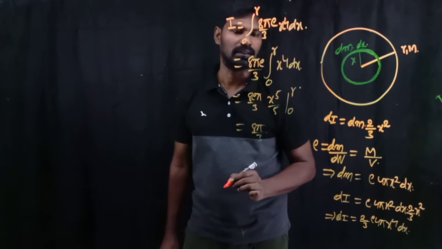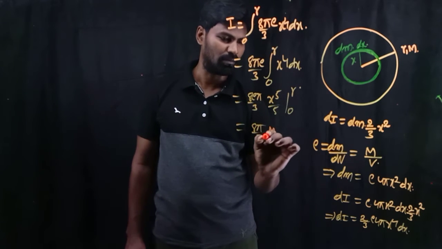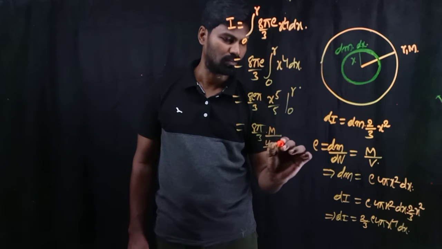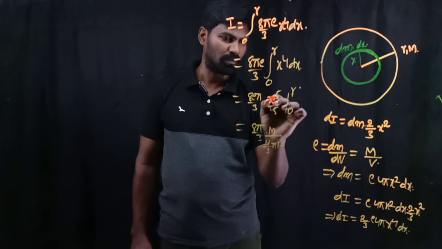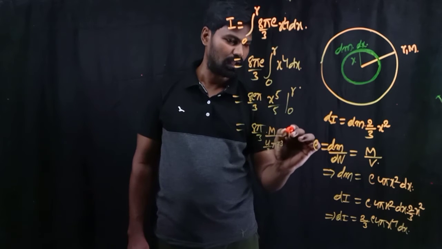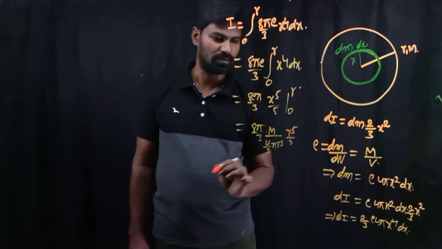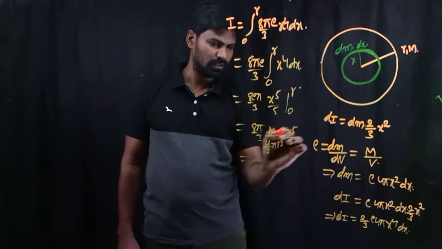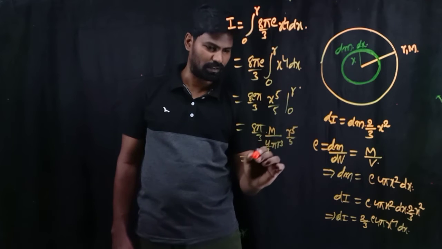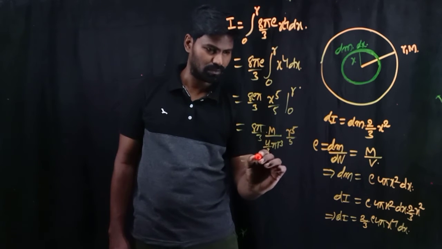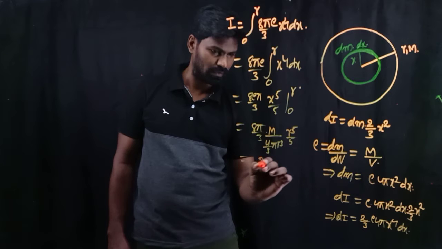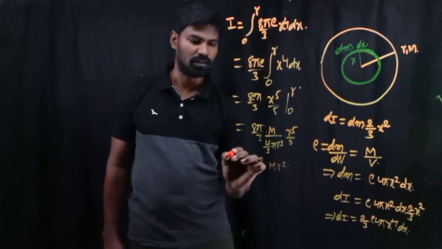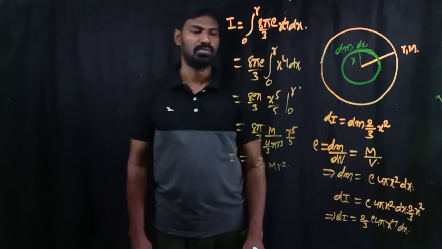Rho is density, mass by volume, m divided by the volume of the total sphere, 4/3 pi r cubed, into r to the power 5 divided by 5, since the lower limit gives 0. All these things cancel, r cubed with r to the power 5, and you will be left with 2/5 m r squared. This is the expression for the moment of inertia of a solid sphere.